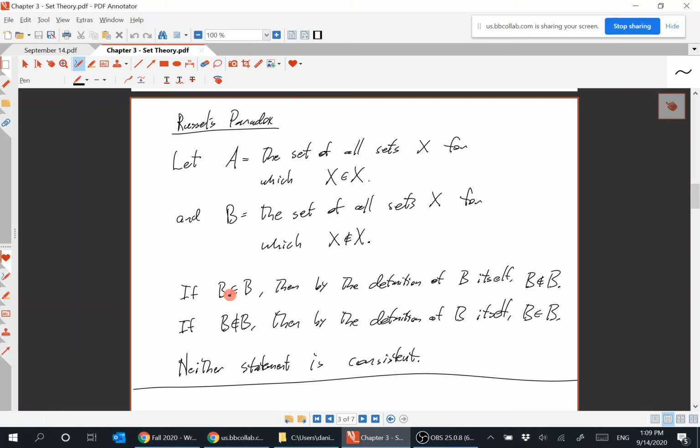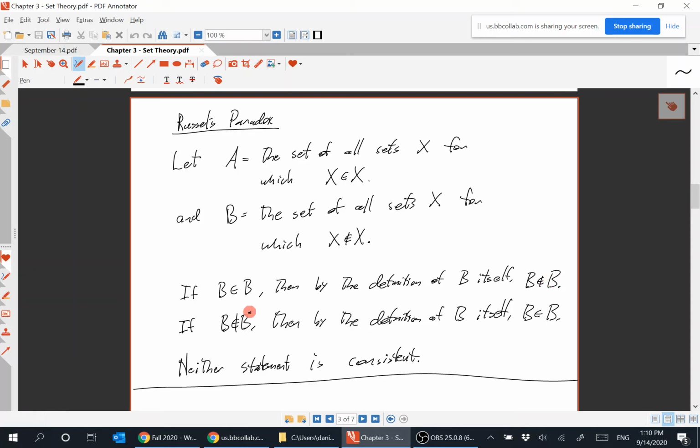And then if B is an element of itself, then by the definition of B itself, B can't be an element of itself. Right? If you say B is an element of itself, but the elements of B are the sets that aren't elements of themselves, so that can't be right. If B is an element of itself, we contradict ourselves.